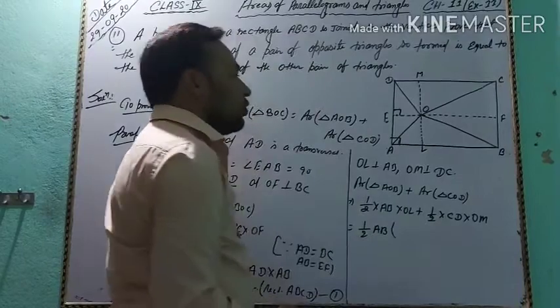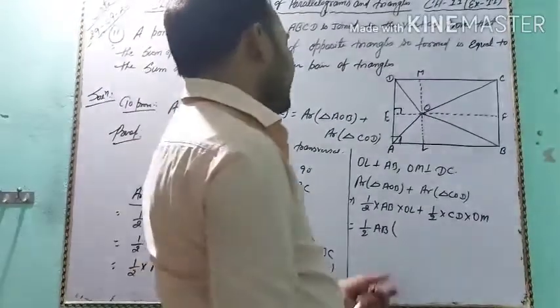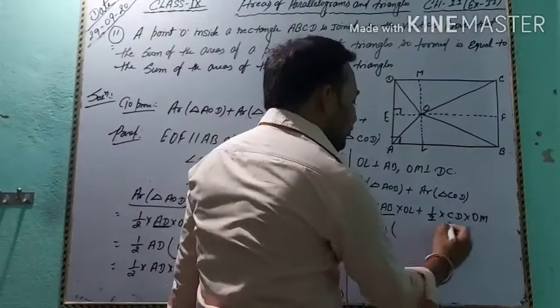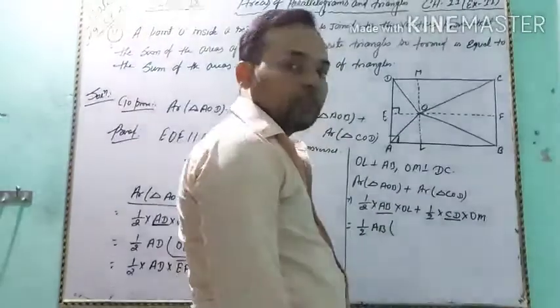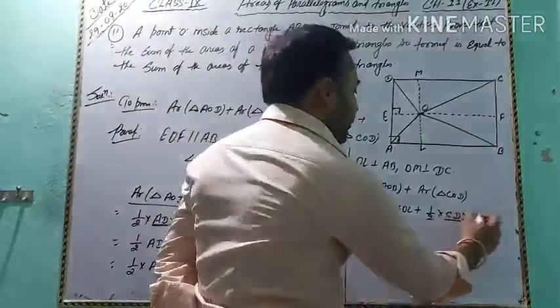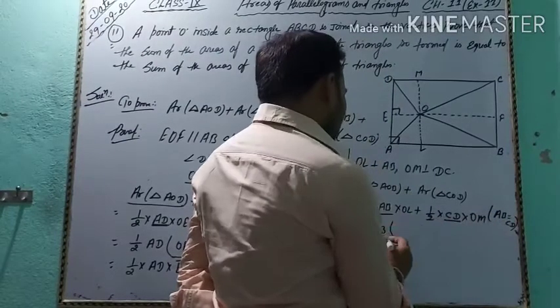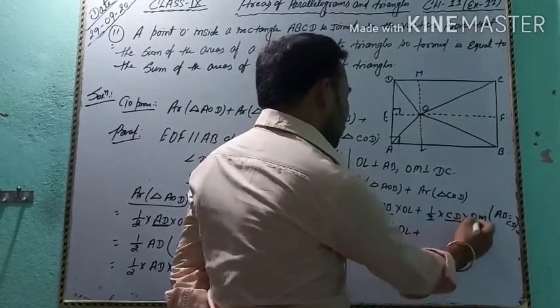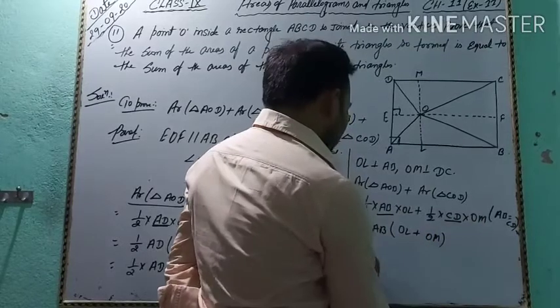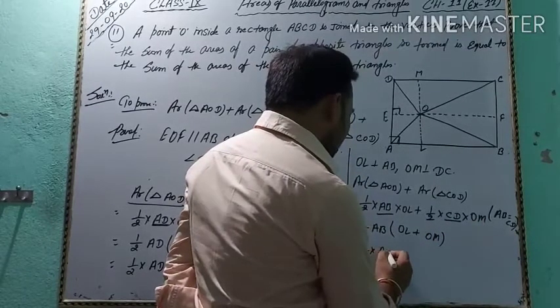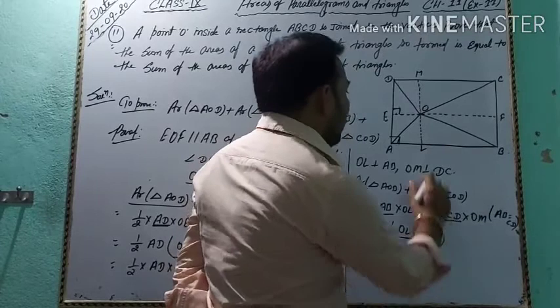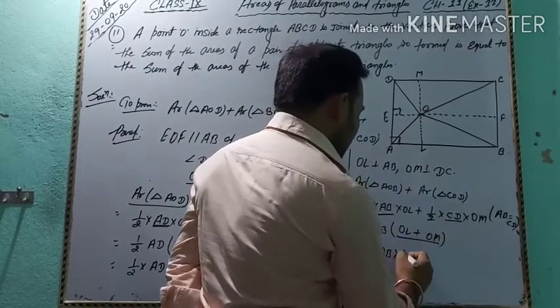Half AB is common because AB and CD are opposite sides of the rectangle, so AB equals CD. So 1/2 multiply AB multiply OL plus OM, that is ML.